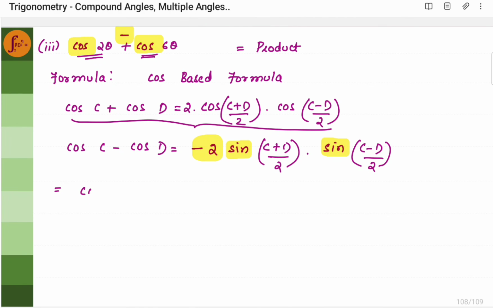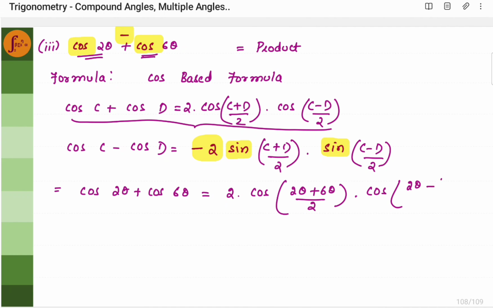Cos 2 theta plus cos 6 theta is equal to, we'll use this formula, 2 into cos of (2 theta plus 6 theta) by 2 into cos of (2 theta minus 6 theta) by 2.